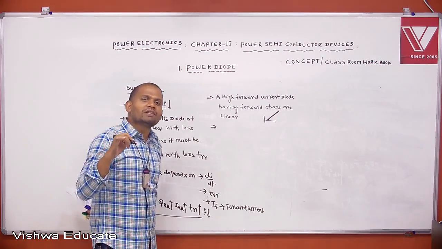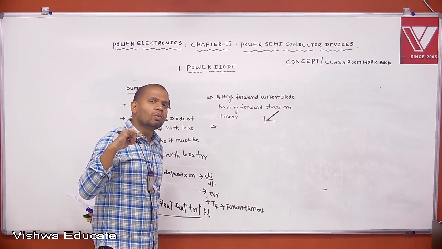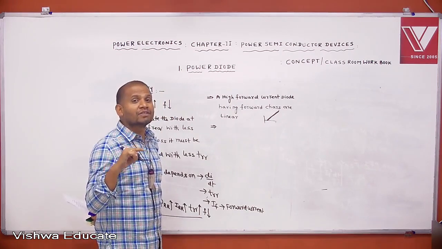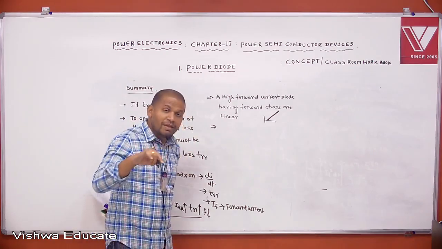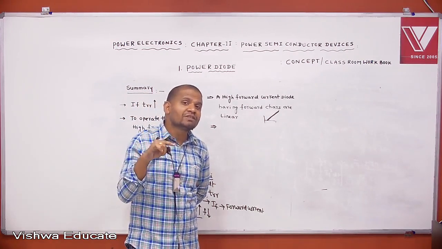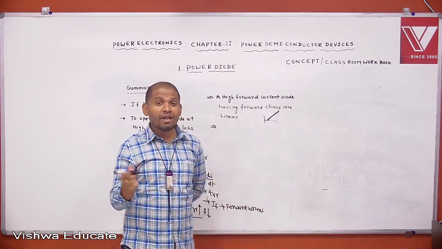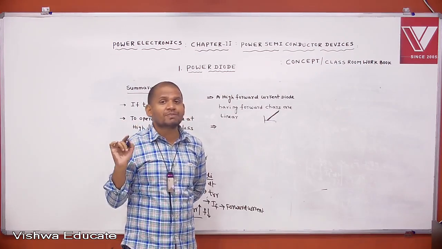With respect to reverse bias condition, there is no current, so the specifications are with respect to voltage only. But under forward bias condition, the specifications are given with respect to current.